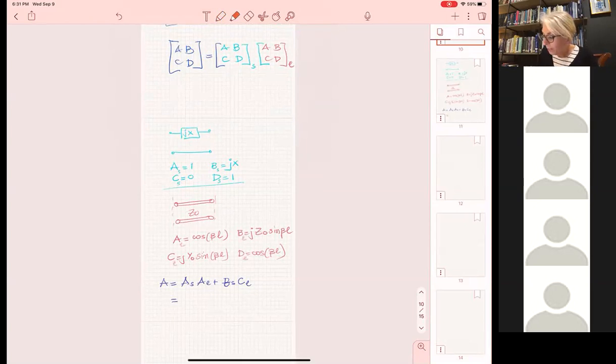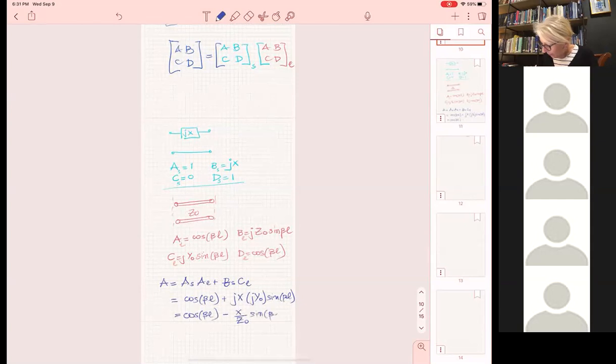Okay, so we can separate them. And then here, what do I have? 1 times cosine beta L plus jX, which is B_S, times jY0 sine beta L, which in fact gives us cosine beta L minus X over Z0 sine beta L. That's A. And then you go and do the rest.